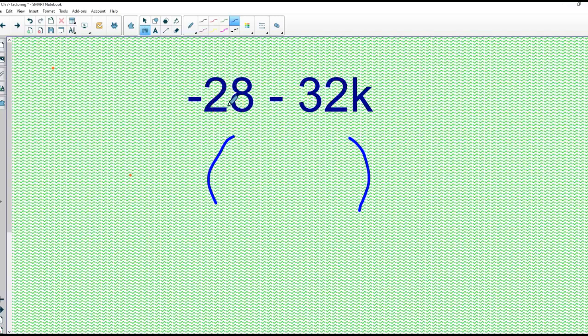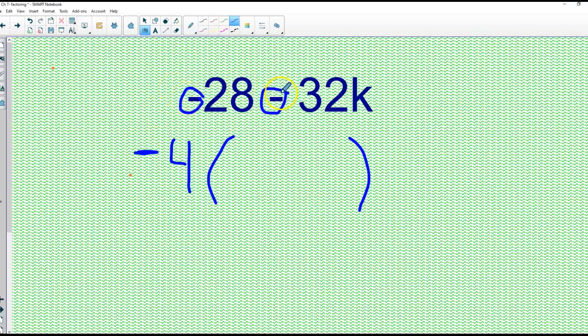I think the biggest one we can pull out is a 4. So I'm going to put that on the outside of my parentheses. Now, let's go back to the negative part. When all of your terms, whether you have 3 or 4 terms here, are negative, you can also pull a negative out. So I am pulling out a -4.